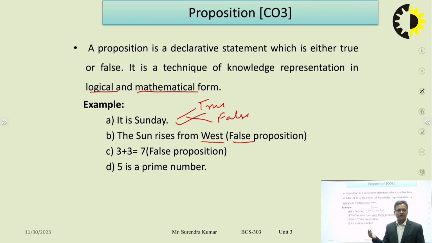It can be either one, true or false. 3 plus 3 equals 7, but actually we know 3 plus 3 is 6, so again the statement is false, or you can say a false proposition. 5 is a prime number: this is true. So these are some examples of statements representing propositions.